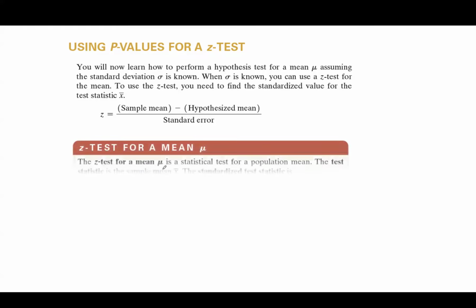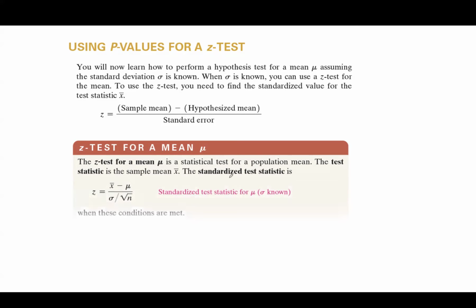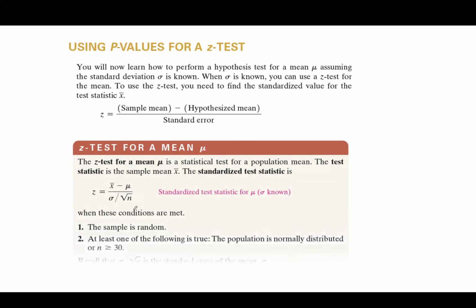The z-test for a mean or mu is a statistical test for population mean. The test statistic is the sample mean, x bar, and the standardized test statistic is z, which is x bar minus mu, divided by sigma over square root of n, when these conditions are all met.